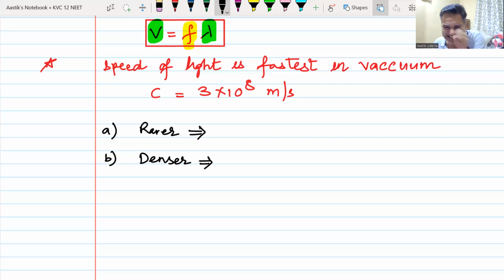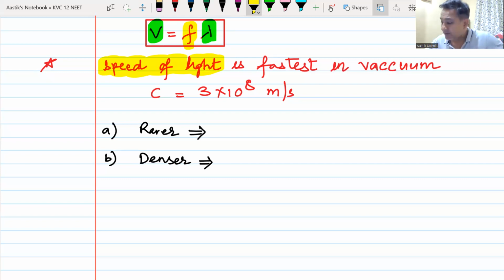Denser, dense. Denser means in depth, deep. Here, we are trying to understand the speed of light, and in that reference, we are looking at rarer and denser medium.